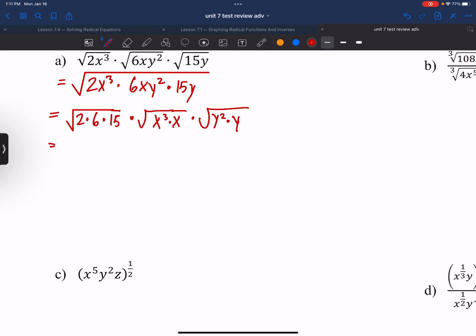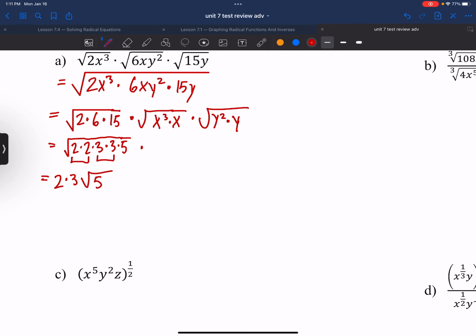You're looking for perfect squares, so what I would do is factor this. 2 times 6 is 2 times 2 times 3, and 15 is 3 times 5. So you have two perfect squares here, 4 and 9. You can take the square root of 4 and 9, and that's 2 and 3, times the square root of 5.